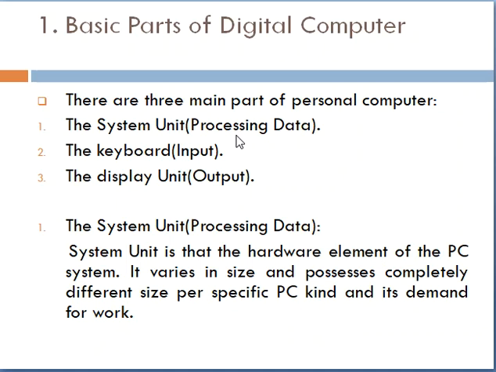Second one is the keyboard. It is known as an input unit, and the display unit is classified as an output. Now we will study these three points one by one and try to understand how it is the classification of digital computer.